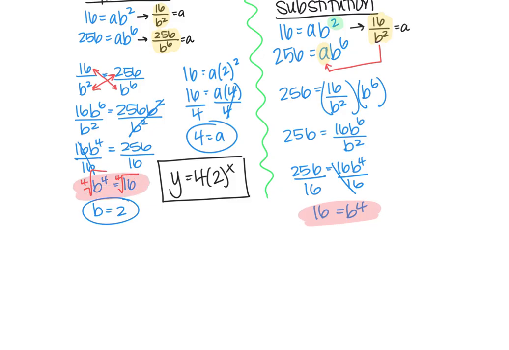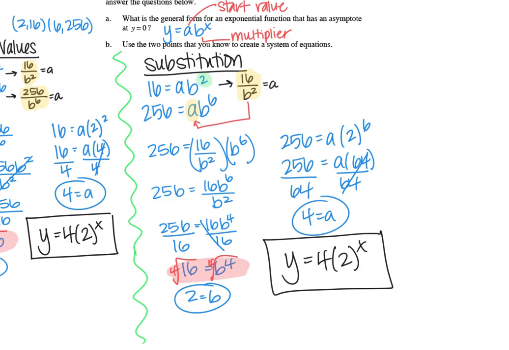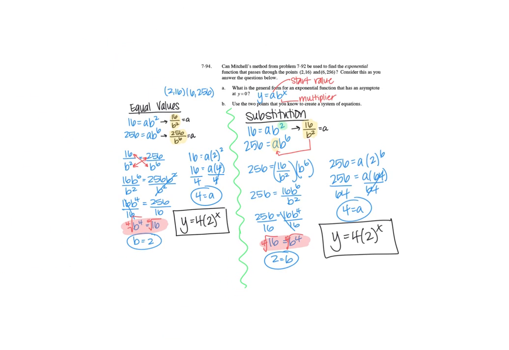So as you can imagine, if I continue on in this problem, I will end up with the same answer. And as you can see, here we are once again, the same exact equation I got the last time.